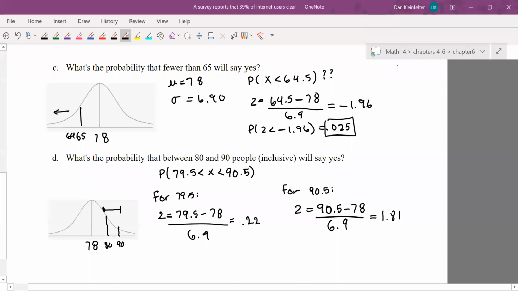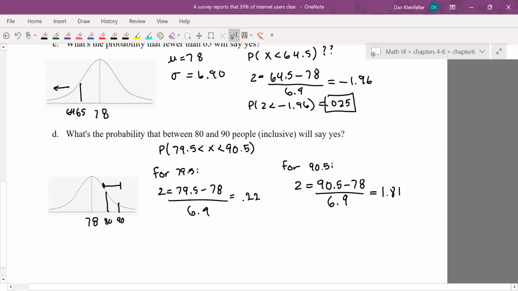All right, so I've gotten a z-score for 79.5 of 0.22. And so we'll need the probability that z is less than 0.22. Once again, going to our z table, 0.22 will have probability of 0.5871. And then for 1.81, it will be 0.9649.